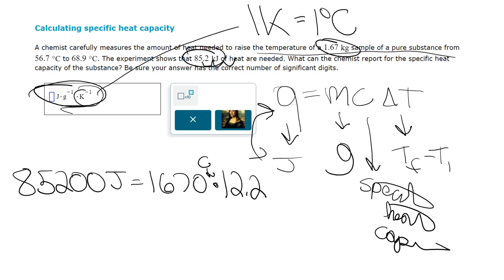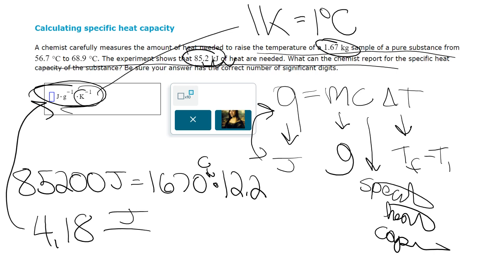It's sort of a trick question, I guess, because it ends up being 4.18 joules per gram Kelvin. But those units are there, which is what we said water was. It doesn't say anywhere in the question that it's water, but whatever, we solved it, and that's all you need to know. You don't have to memorize 4.18.